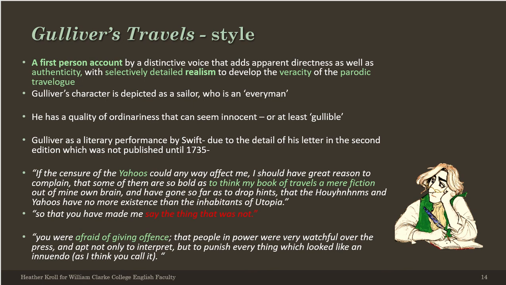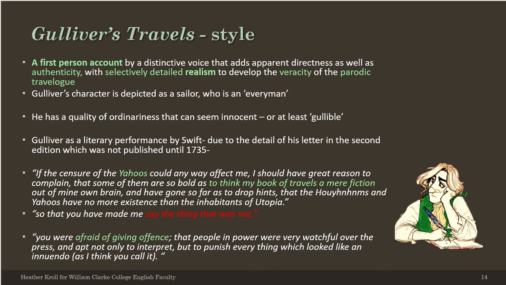So he's really playing games with this idea of what is real and what is not. And he says, quote, so you have made me say the thing that was not. That's a reference to the Houyhnhnms, and a thing that was not is a lie.